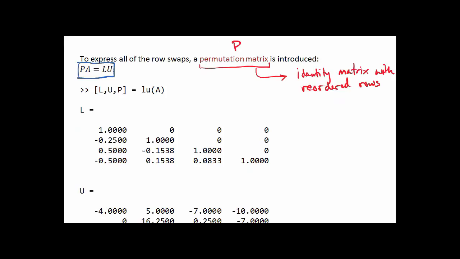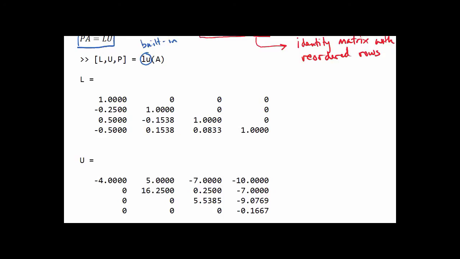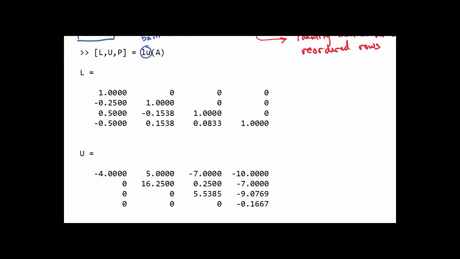So if we now ask MATLAB to do this, there's a built-in LU function for doing row-pivoted factorization. MATLAB doesn't give you one without row pivoting because it's useless on matrices where we would divide by 0.